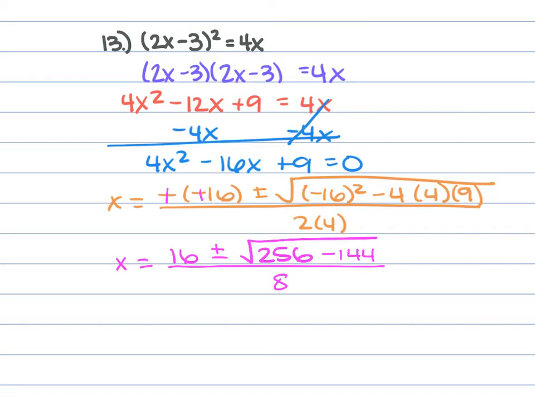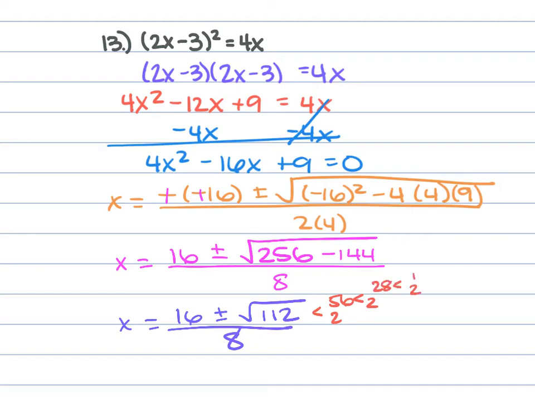So from here, we're subtracting the 256 and the 144. We get the square root of 112. So x is equal to 16 plus or minus the square root of 112 all over 8. That 112, if we divided it by 2, we get 56. The 56 is 2 and 28.